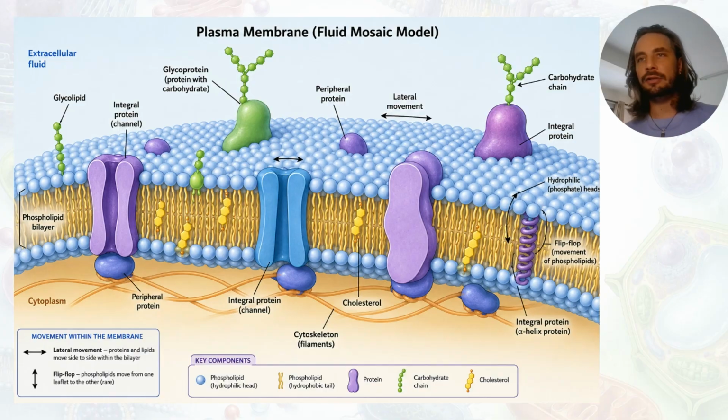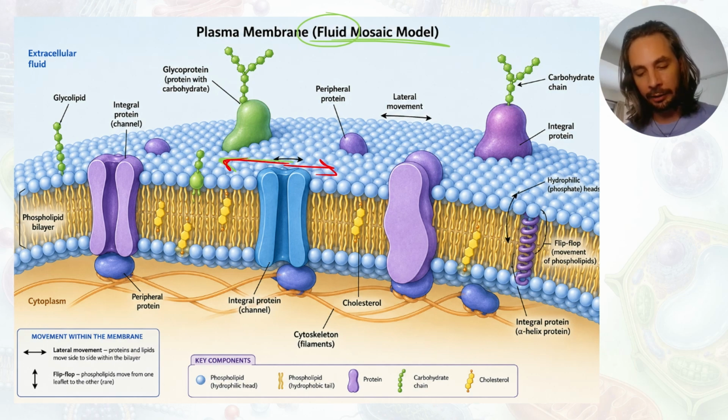So just as a general overview, remember that it is called the fluid mosaic model. Fluid meaning that it can move around. These proteins can move around. They can move that way, they can move the other way. Sometimes these phospholipids would switch places with each other.